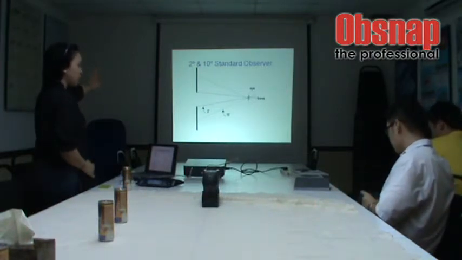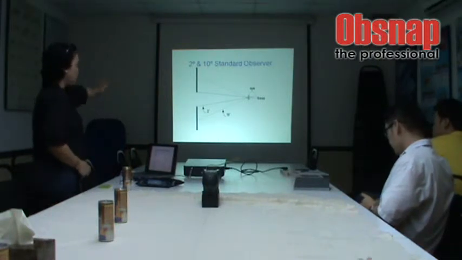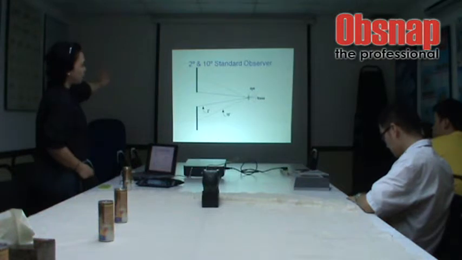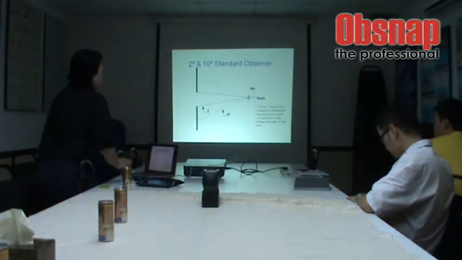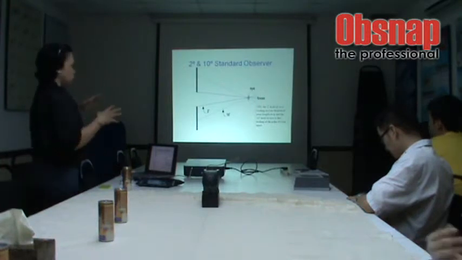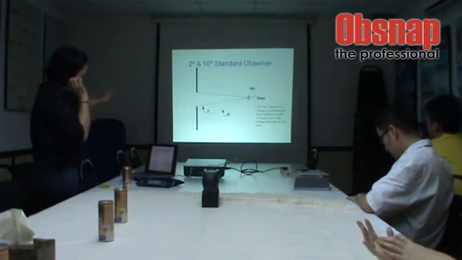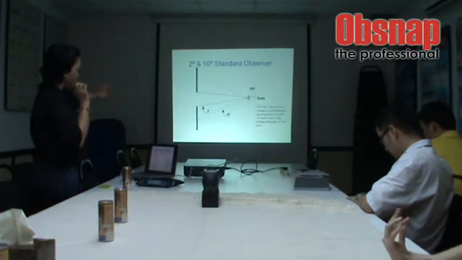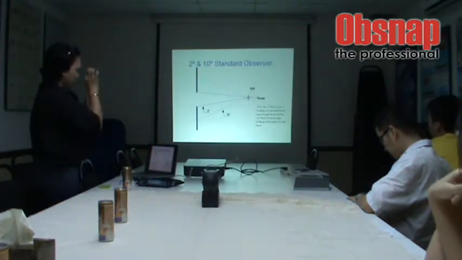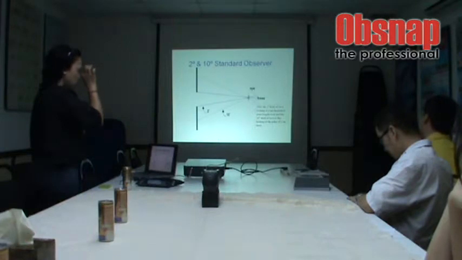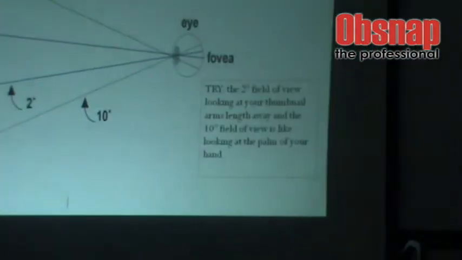So the sample size really affects your color vision. It's the same hand, right? This is a smaller object, this is a bigger object. This is what we call the field of view. Remember, in a camera, if you want to focus on a small part of an image, you use a lens where you need to focus, and then your focus becomes a smaller field of view.